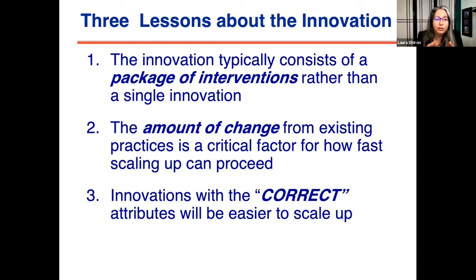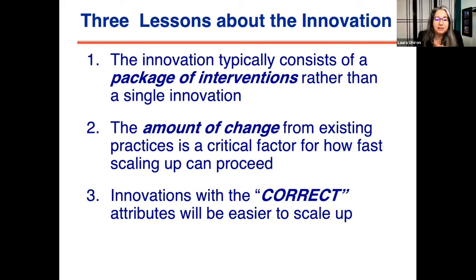And they all agree on several key principles and lessons, and these are some of them. Number two, the amount of change that this innovation represents from how things are currently done in the system or the user organizations, I'll come back to, that is typically a major determinant in how quickly scaling up can proceed.